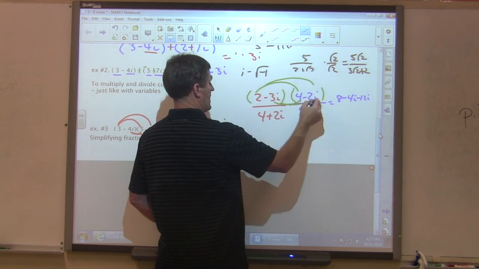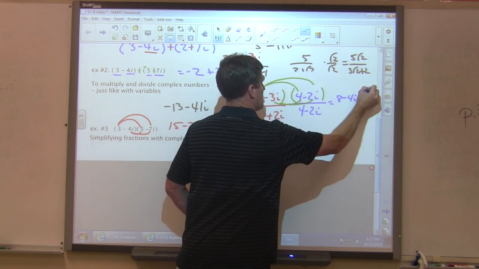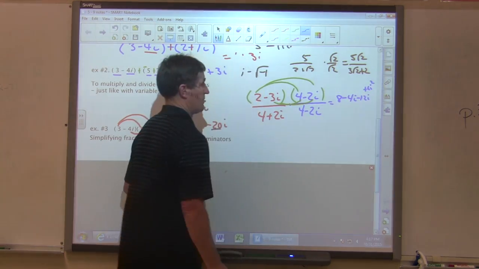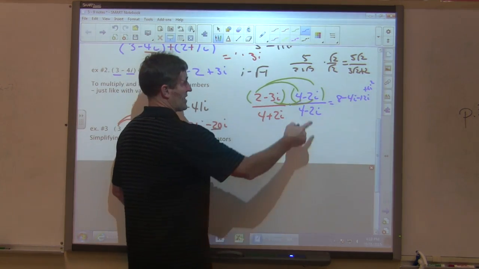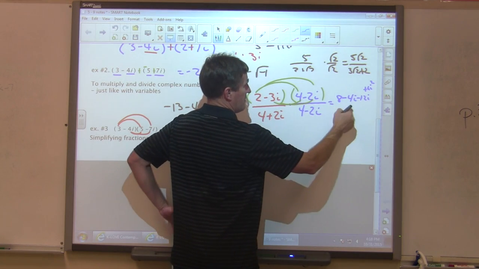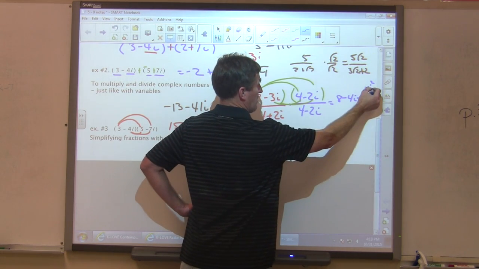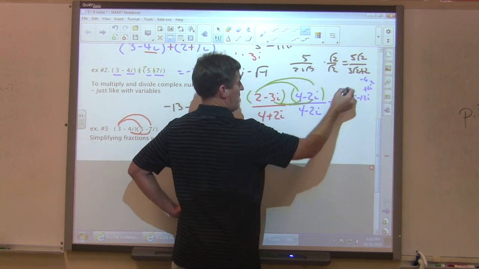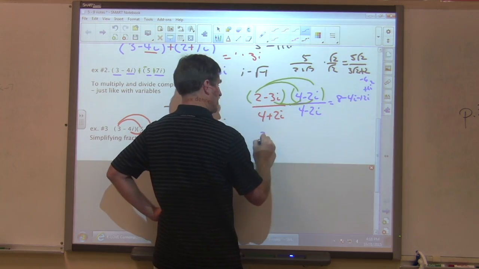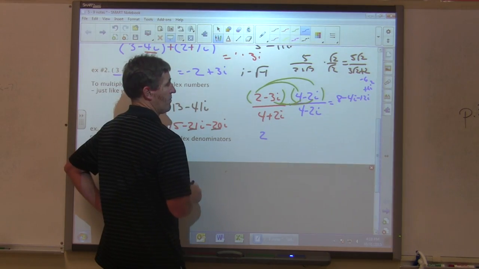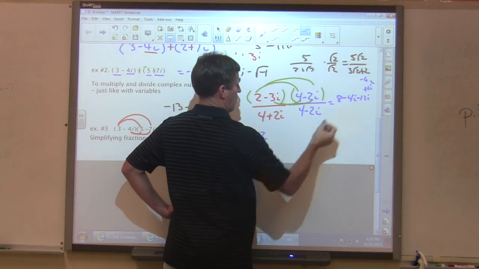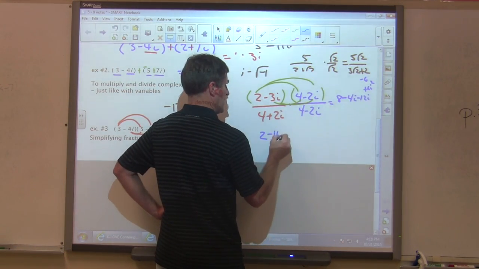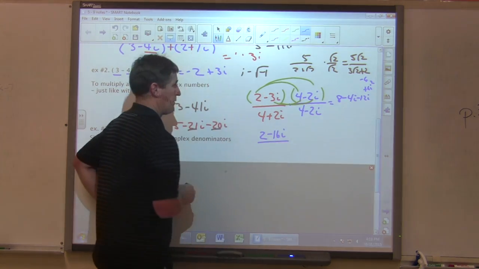And negative 3i times 2i is a positive 6i squared. So if I just simplify the top, remember this i squared becomes a negative 1, so we get a negative 6. So 8 minus 6 would be 2. So that's in the numerator. And then we have minus 4i minus 12i, which would be a minus 16i. So that would be my numerator.